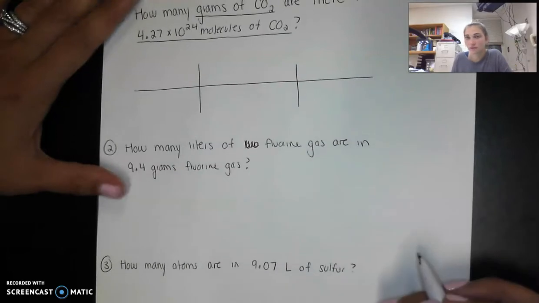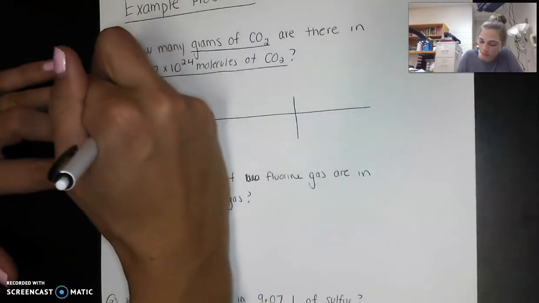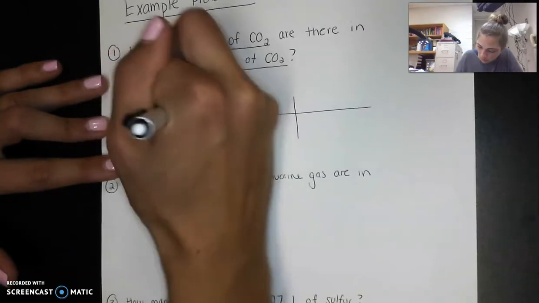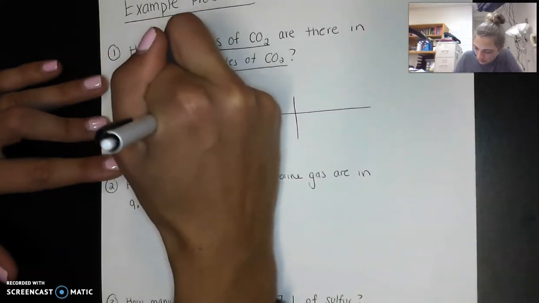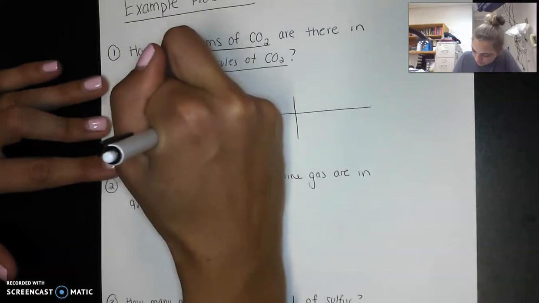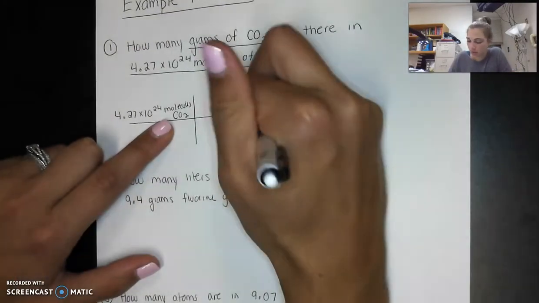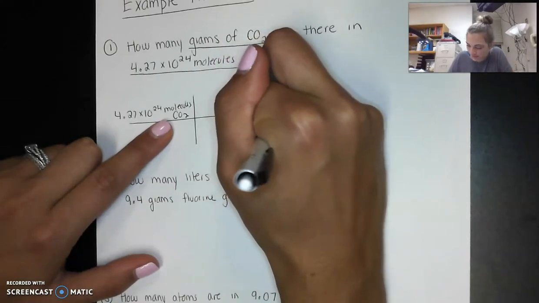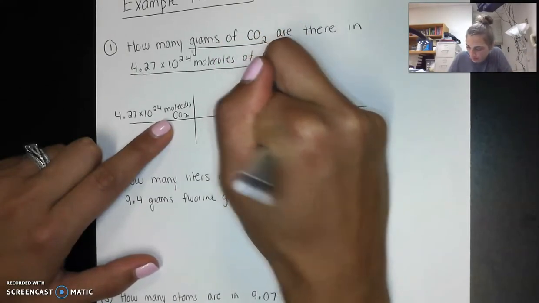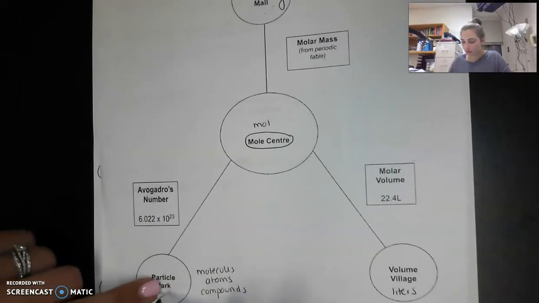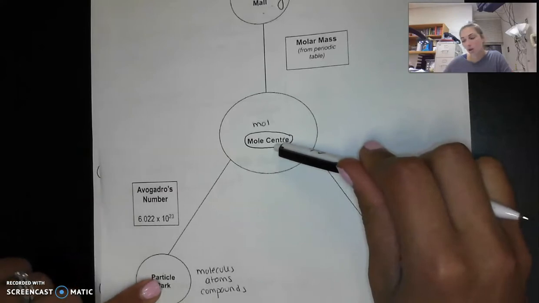2 steps means 2 vertical lines. I always put what I'm starting with in my top left. So that is the number, the unit, and the substance. Now, I'm trying to get out of molecules, so that goes on the diagonal because that is dividing. Now if I go back to my mole town, once I am leaving molecules, my first step is moles.